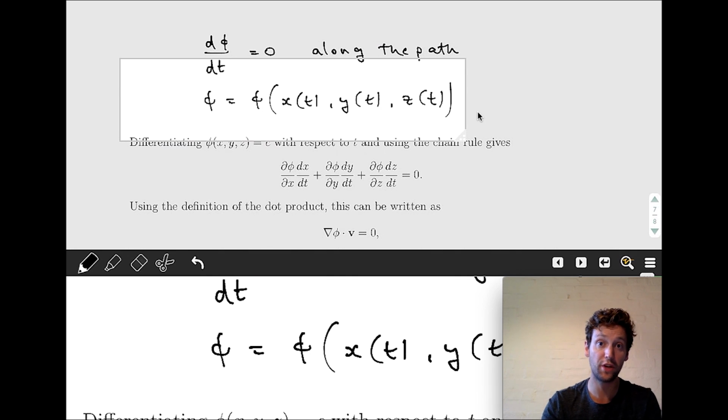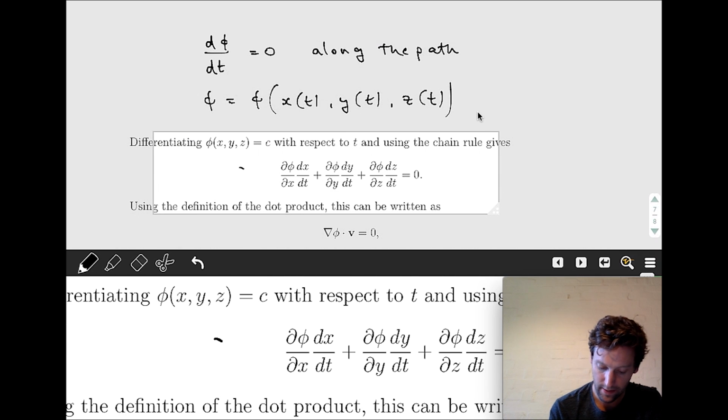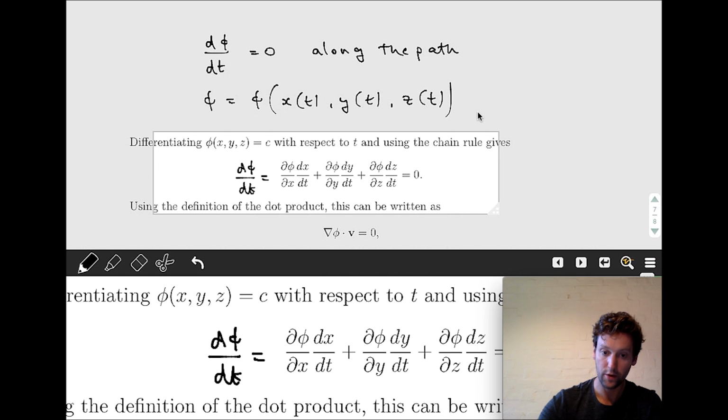And along that trajectory, x, y, and z are functions of t. So I have a function of a function of t. So I can use the chain rule. So d phi dt will be given by the chain rule: d phi dx times dx dt, plus d phi dy times dy dt, plus d phi dz times dz dt.